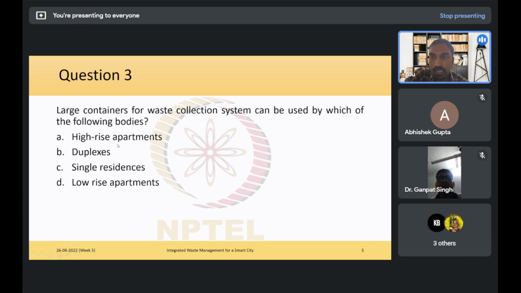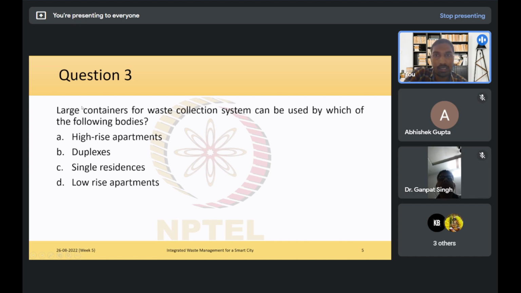So the options are differing based on the amount of waste that will be generated, right? That is a function of how many people are going to be there. High-rise apartments will generate more waste for a given unit of time, whereas duplexes, single residences, and low-rise apartments are comparatively going to produce a lesser amount of waste.